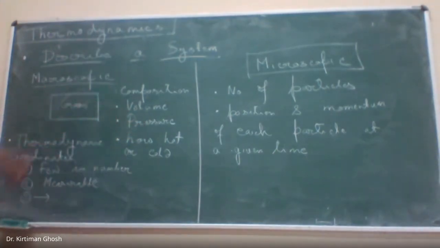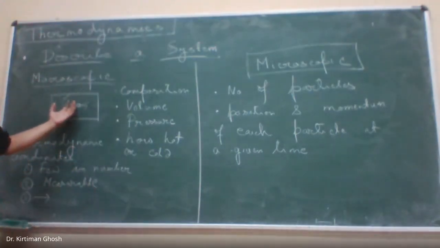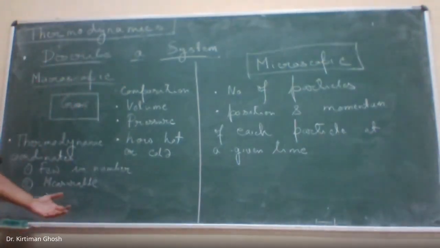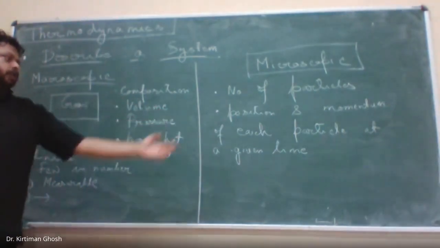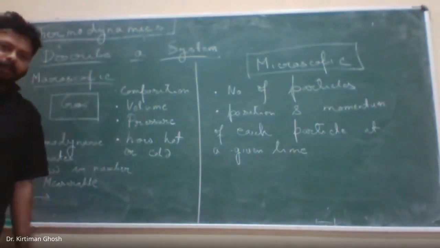It's a container of gases. There are different gases and a large number of particles inside this container, so precisely you do not know how many particles are there. We cannot measure the position and momentum of each particle at a given time. So microscopic variables are in general not measurable.